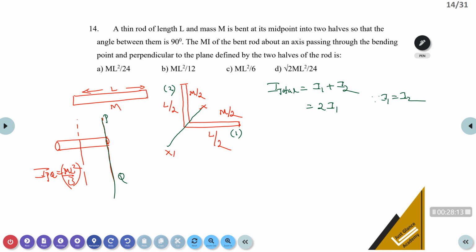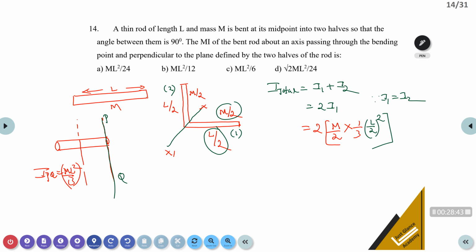Now, here, 2 into M, where M is M by 2. L square by 3 means 1 by 3, and L is not L but L by 2, whole square, divided by 3. Followed or not? Because I already told you, this mass is M by 2 and this length is L by 2.